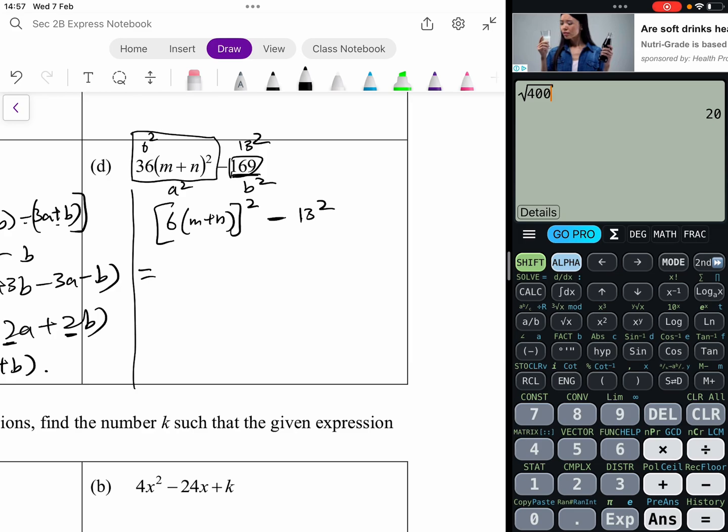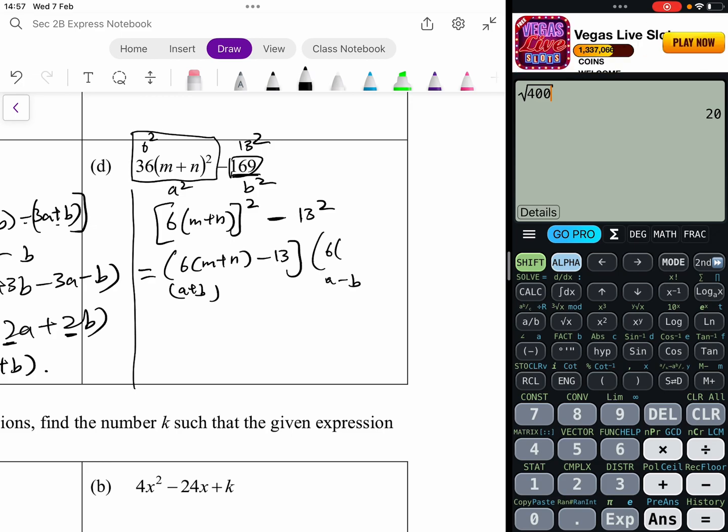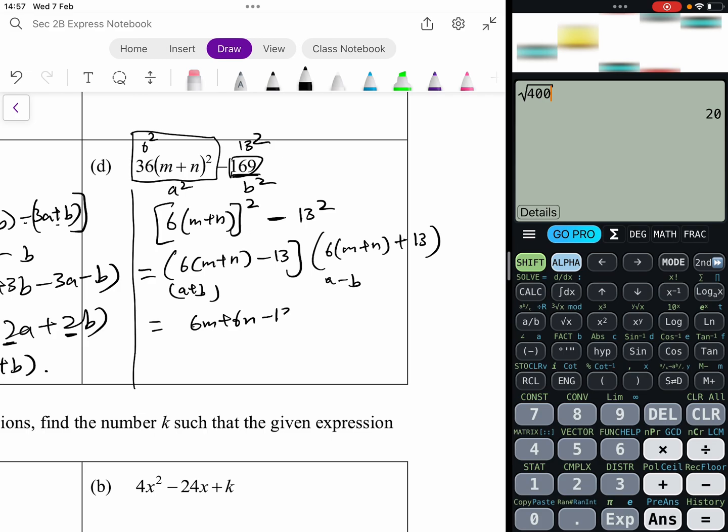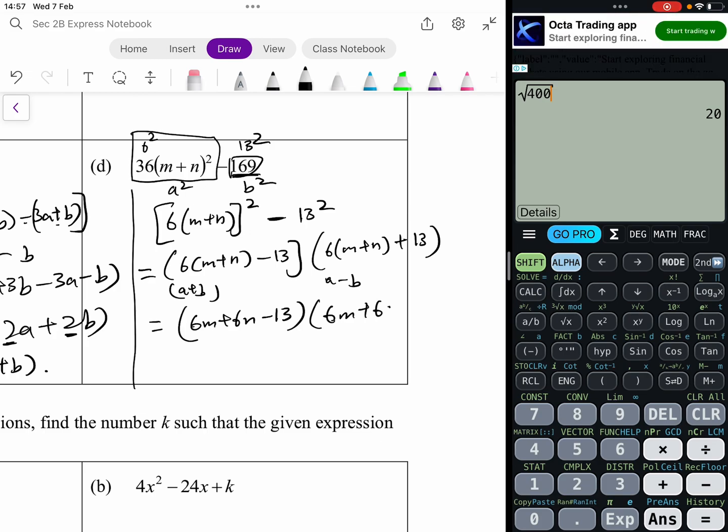Right, so your a plus b will be 6 bracket m plus n minus 13. And your a minus b, 6m plus n plus 13. Okay, expand again. 6m plus 6n minus 13. 6m plus 6n plus 13.